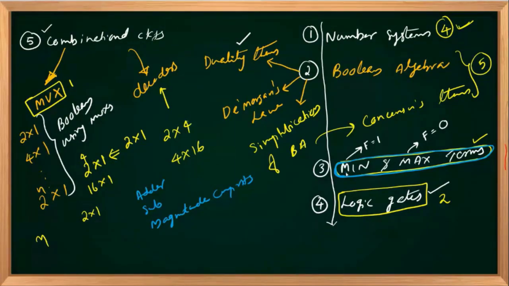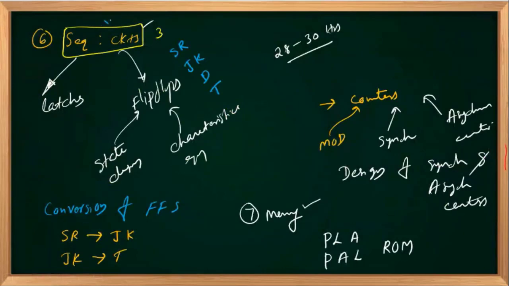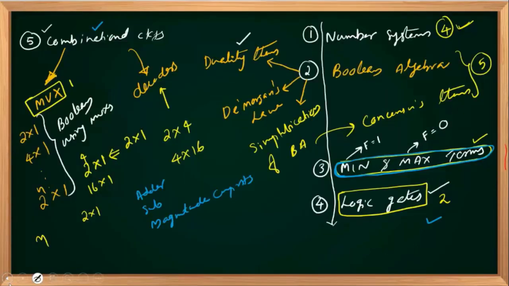I would say basic understanding of min and max terms will help you to understand topics like logic gates, combinational circuits, and sequential circuits. So this is very, very important. Basic understanding of min and max terms is required to understand the other topics, right?